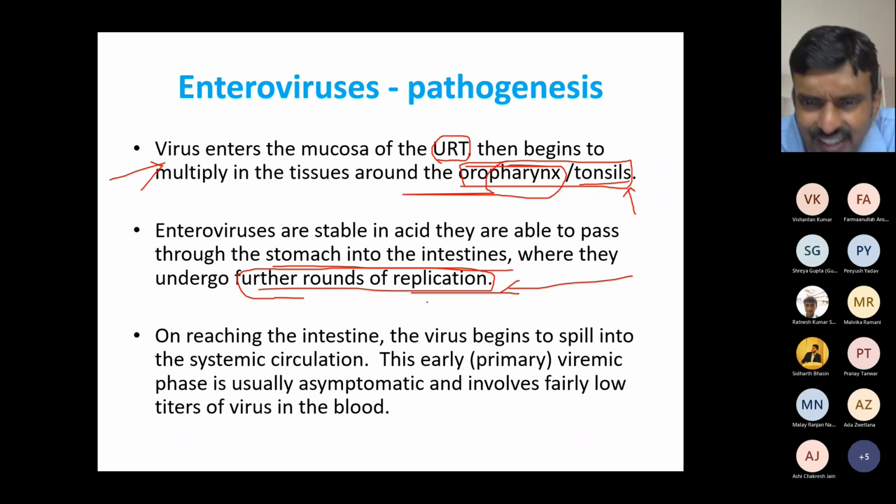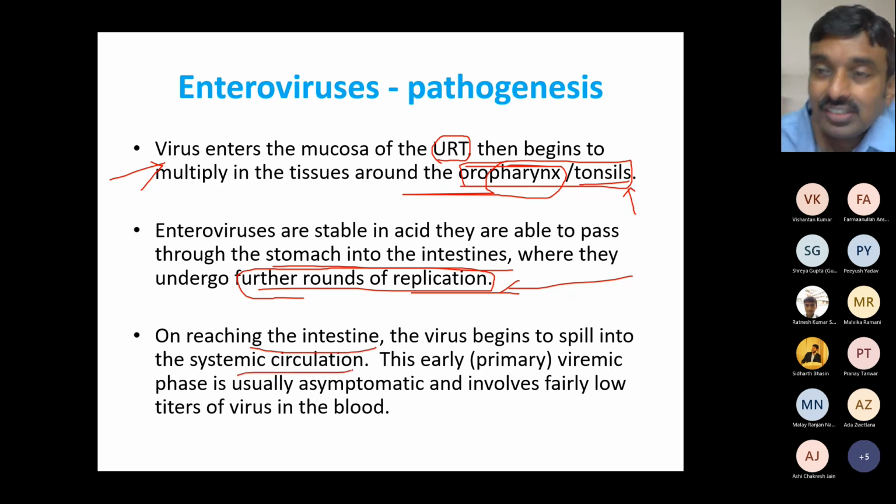I think it's there in a slide. But it replicates a little bit in the intestine. And then once it reaches the intestine, it can spill over into the circulation by means of small capillaries. It enters them and spills over into the bloodstream.